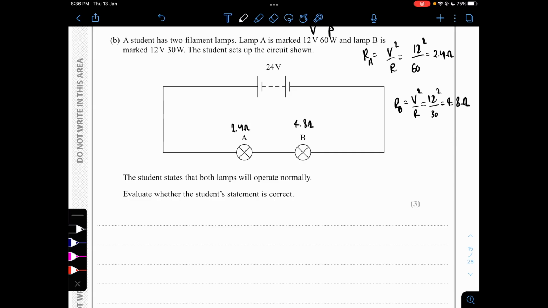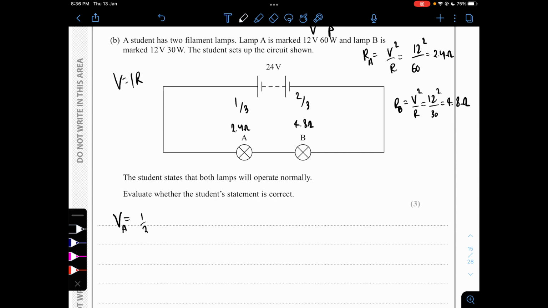What about the voltage across lamp A? V equals IR, right? We know that. But in this case it's distributed, because this is 1/3 and this is 2/3.